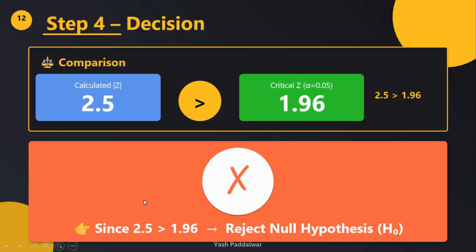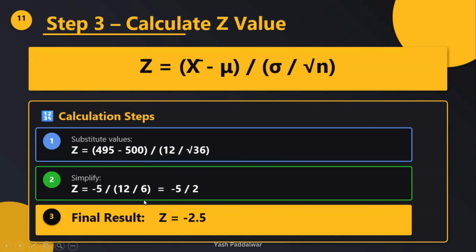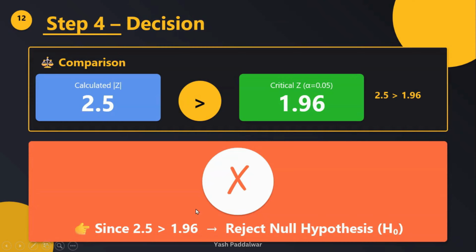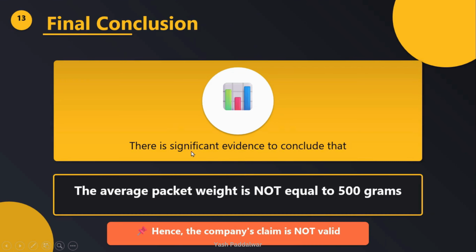Since it is greater, as per our conditions that we have already defined, if it lies between this range, we will accept the null hypothesis, but it doesn't, it lies somewhere here. So that is why we reject the null hypothesis and we accept the alternate hypothesis. What was our alternate hypothesis? It stated that the average packet weight is not equal to 500 grams, hence the company's claim is not valid.